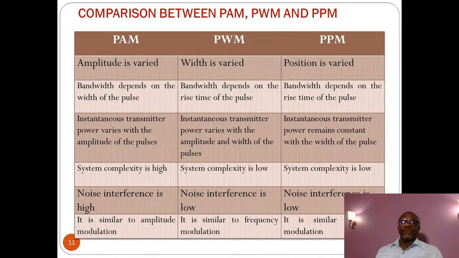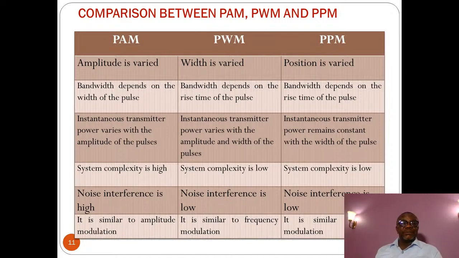because we say that PPM is an aftermath of PWM. So for PAM, the instantaneous transmitter power varies with the amplitude of the pulses, while in PWM, the instantaneous transmitter power varies with the amplitude and width of the pulses. And for PPM, instantaneous transmitter power remains constant with the width of the pulse.